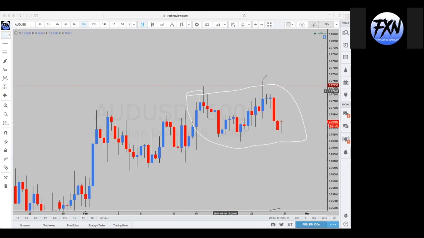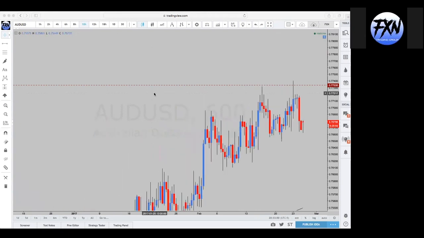I'm interested in trading above this area or when it comes below that area, because that's where you're going to make the money. You're going to make the money once it breaks this or once it breaks down. Okay?